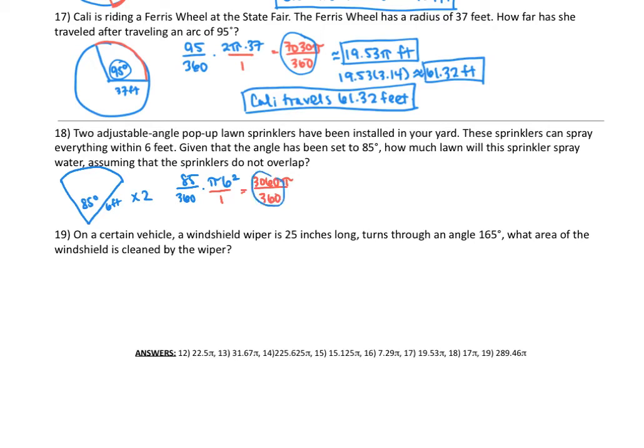And then divide. So we get 8.5 pi. But I'm going to multiply that by 2 since we have 2. So 17 pi. And then to my approximate, 17 times 3.14 is 53.38.